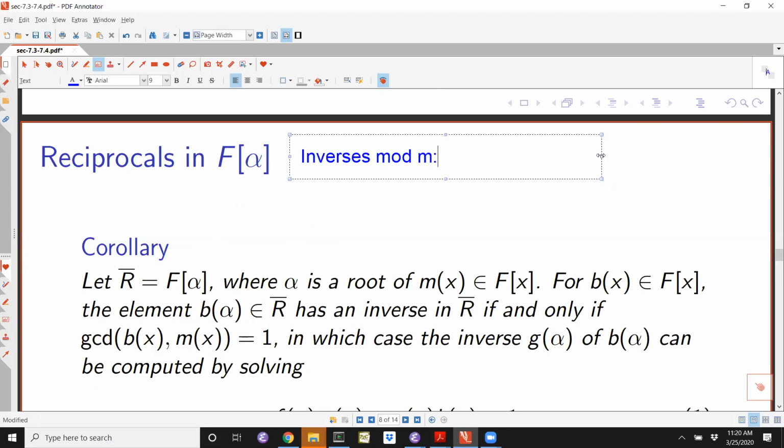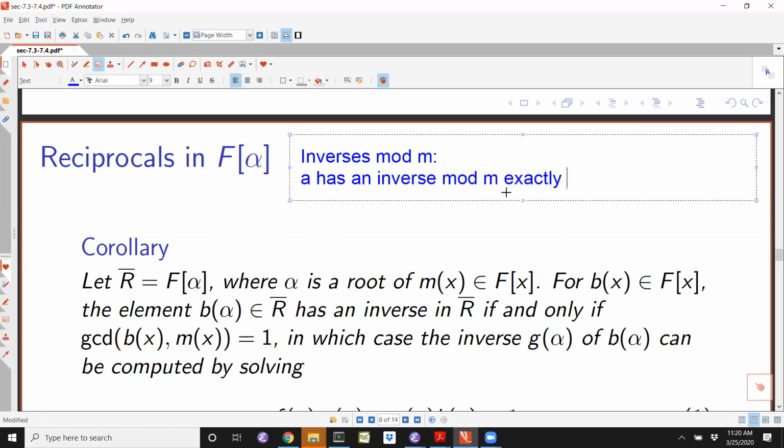Remember that a has an inverse mod m if and only if the GCD of a and m is equal to 1.